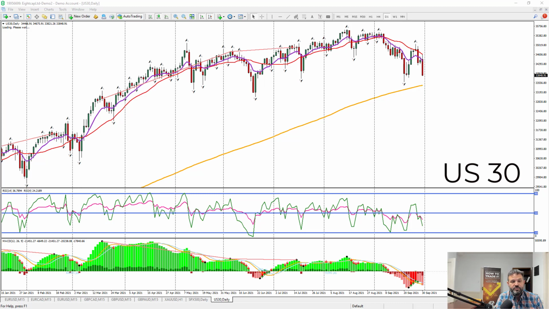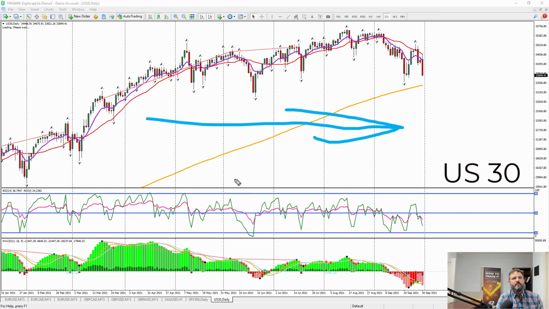Now, the first thing I want to notice here, this is the US 30. And the very first thing I want to point out is that we are going sideways. That's the very first thing I want you to realize. Now, the 200 period moving average, which I put on the chart to help me identify the trend, is pointing up.